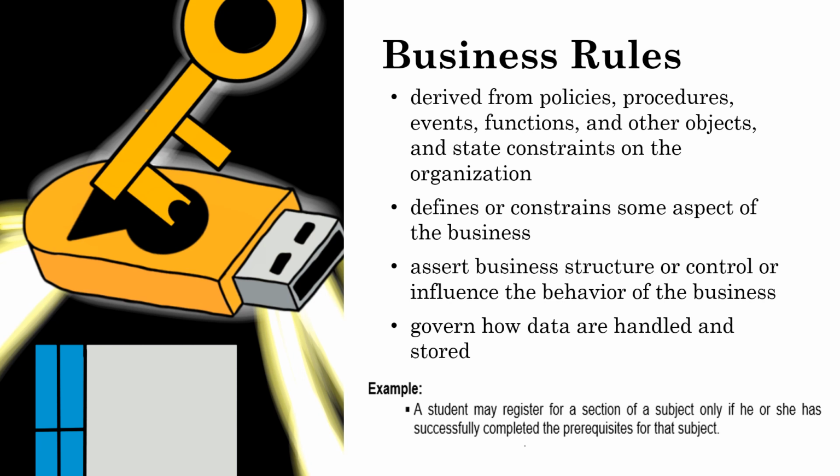A business rule is a statement that imposes some constraints on a specific aspect of the database, such as the elements within the field specification for a particular field or the characteristics of a given relationship. For example, a student may register for a section of a subject only if he or she has successfully completed the prerequisites for that subject. That is an example of a business rule.